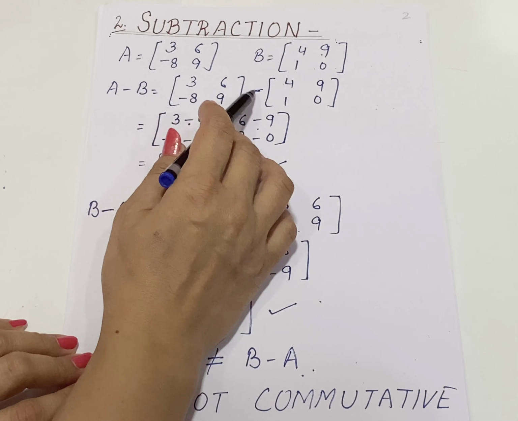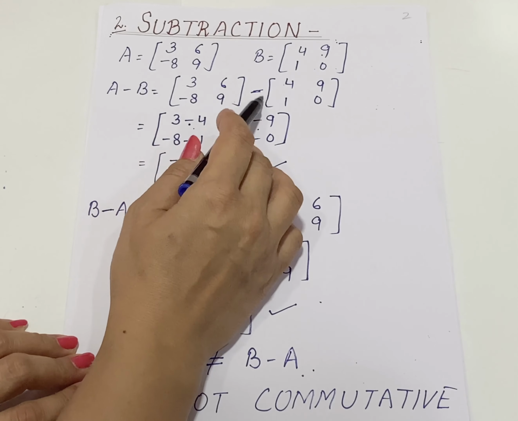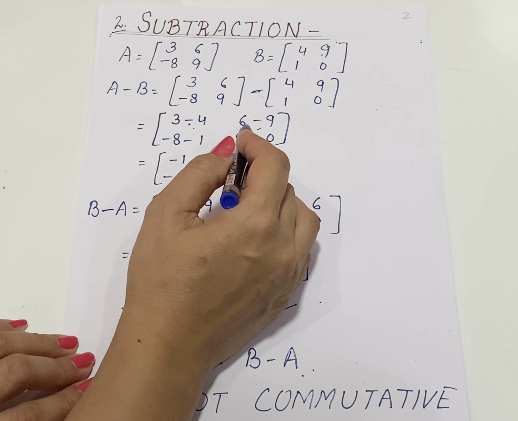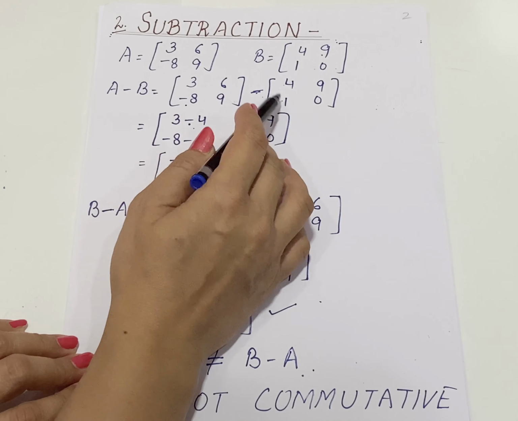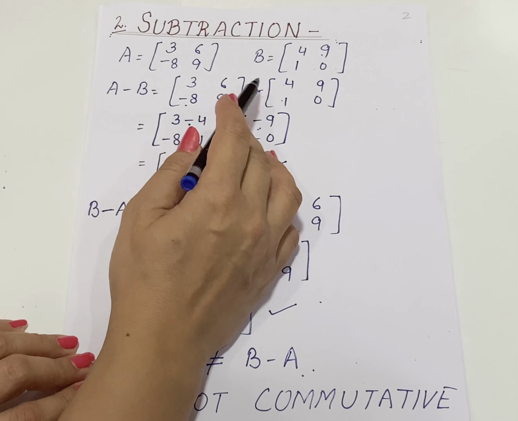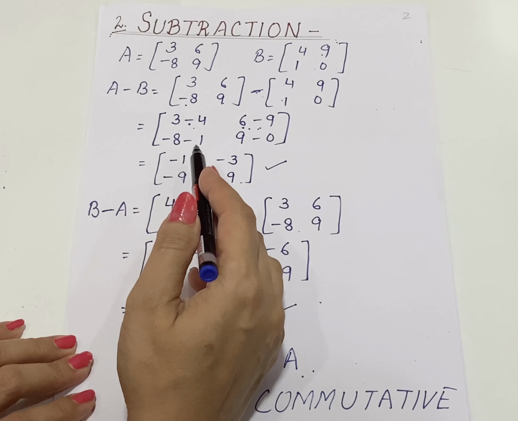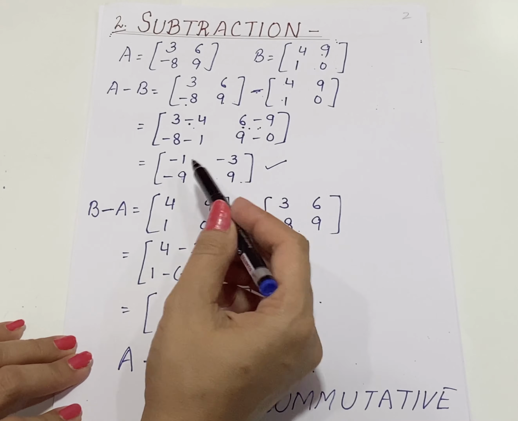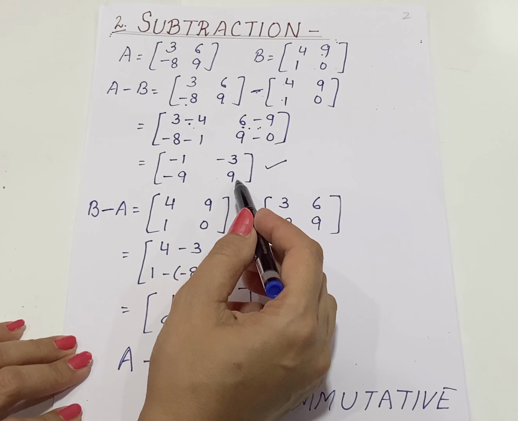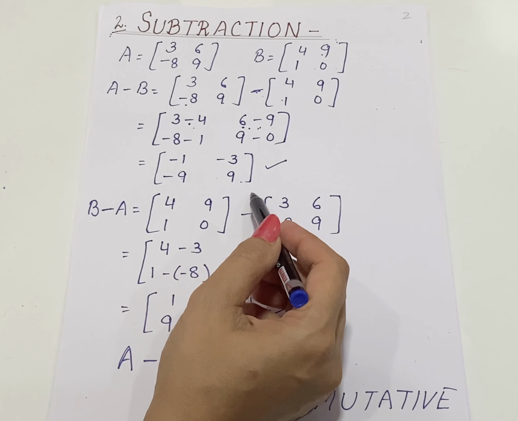So it will be 3 minus 4, 6 minus 9. The position should be the same. Minus 8 minus 1, 9 minus 0. So it comes out to be minus 1, minus 3, minus 9 and plus 9. That is A minus B.